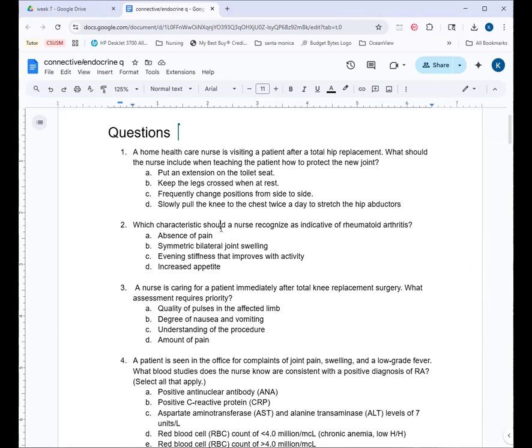Number two, which characteristic should a nurse recognize as indicative of rheumatoid arthritis? Do you say indicative or indicative? I usually said indicative.